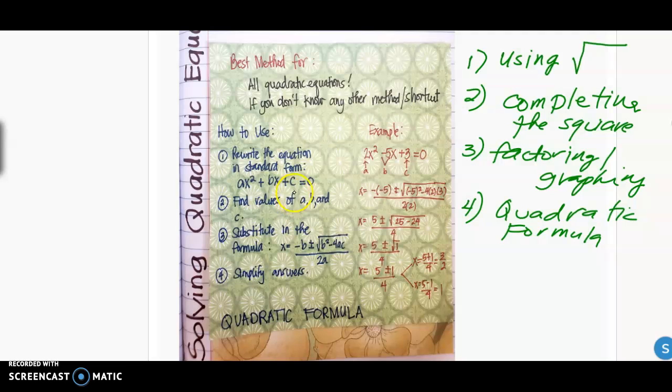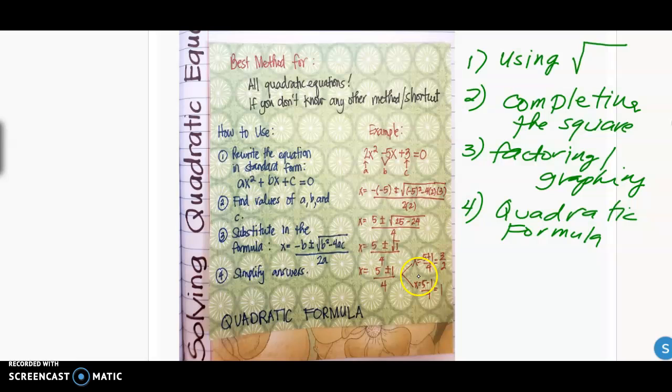I also taught you how to find the discriminant, right? Because the discriminant tells you how many possible x-intercepts an equation would have. In addition to telling you how many x-intercepts it has, I think it also gives you a very good insight as to what method you are going to use when you're solving the quadratic equation.